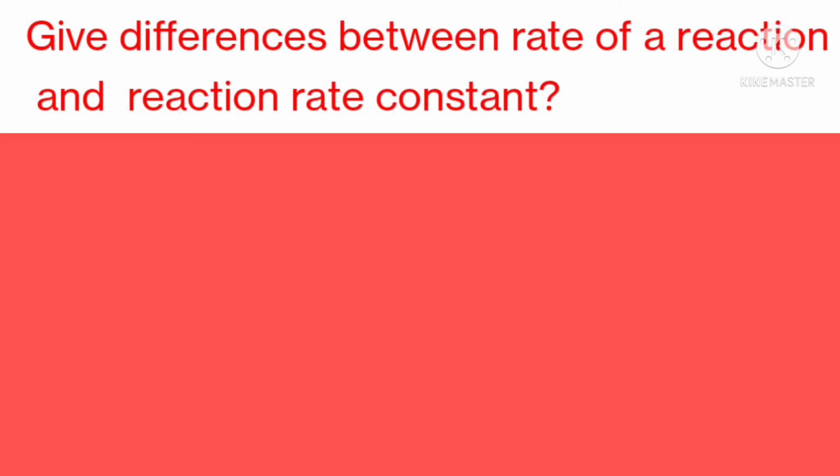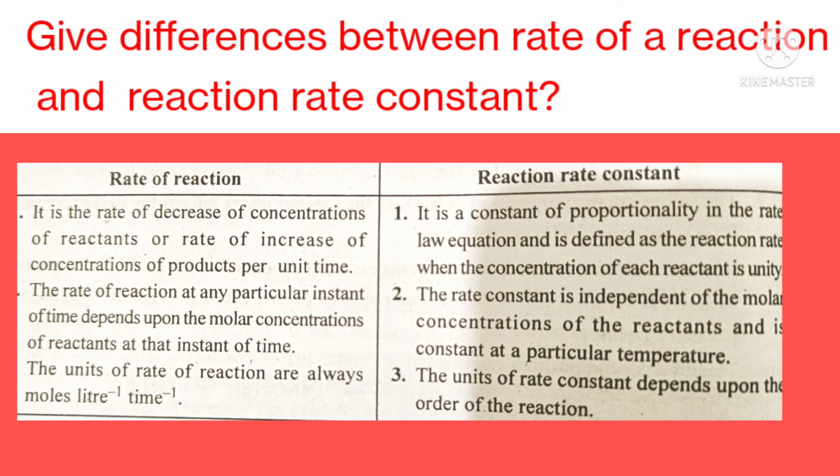Next question is, give differences between rate of reaction and reaction rate constant. Rate of reaction is the rate of decrease of concentrations of reactants or rate of increase of concentrations of products per unit time, whereas the reaction rate constant is the constant of proportionality in the rate law equation and is defined as the reaction rate when the concentration of each reactant is unity.